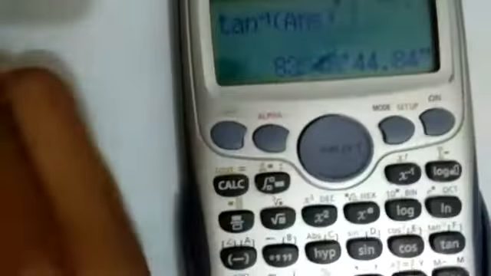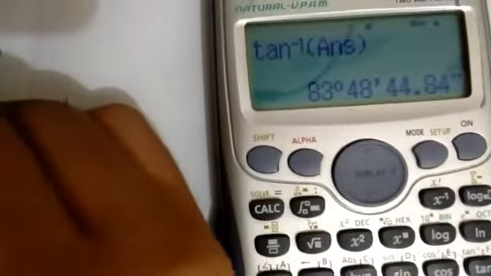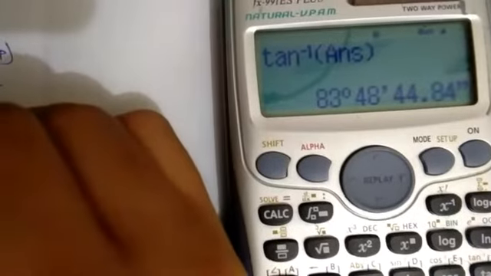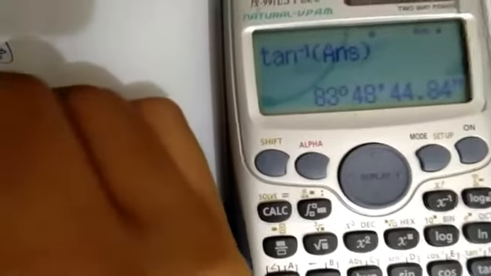So that is 83 degrees and 48.74 minutes.